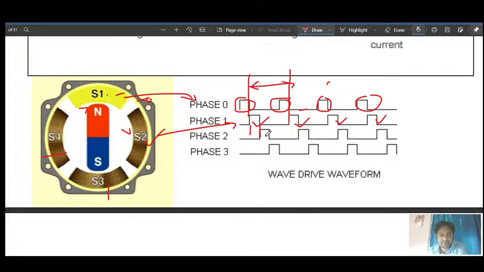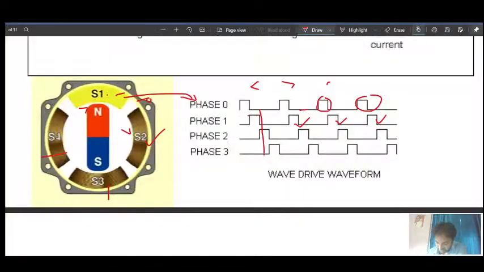Then third: as you can see, as soon as the second pole ends, the third is activated, this pole, and then the next phase, the fourth pole.